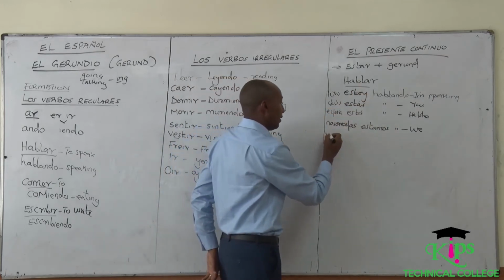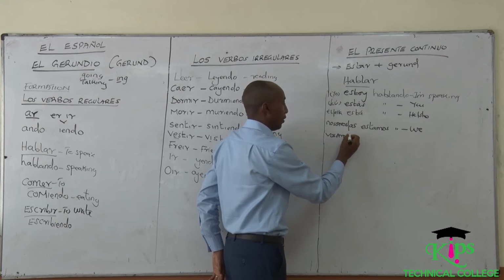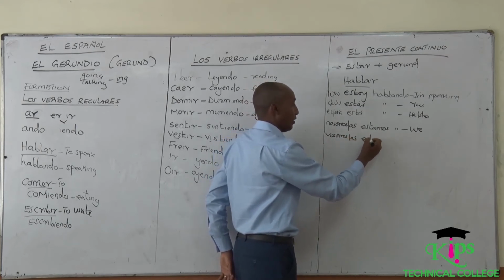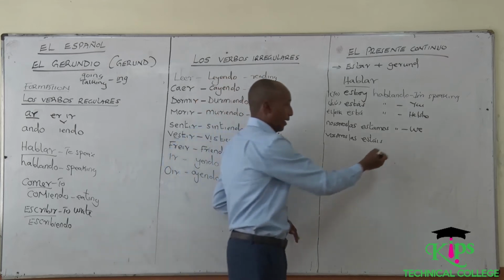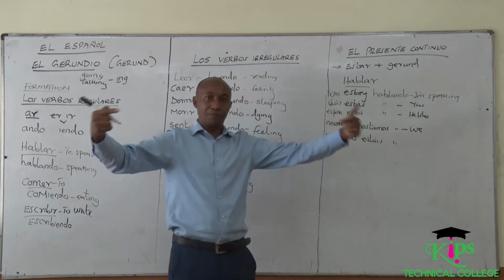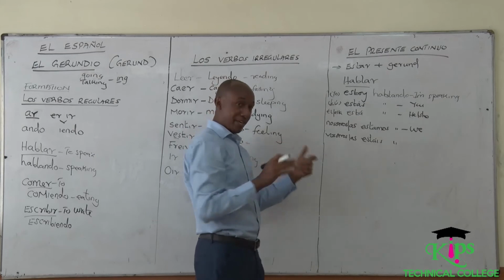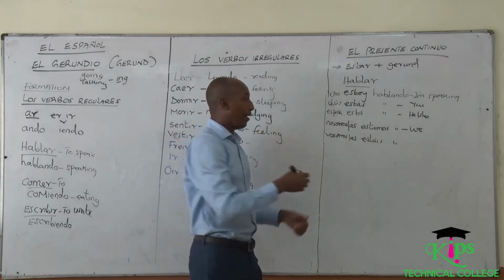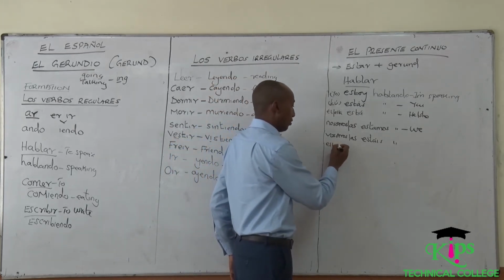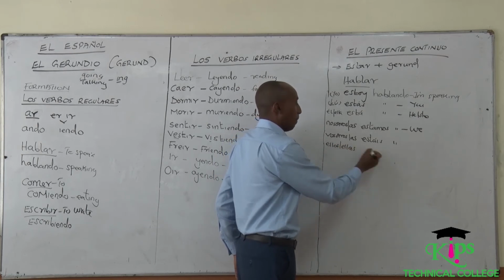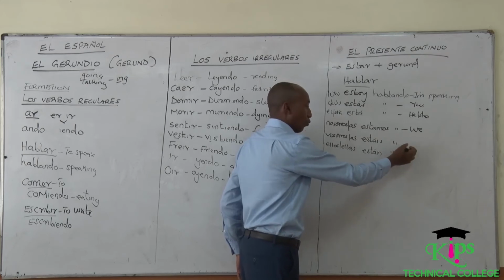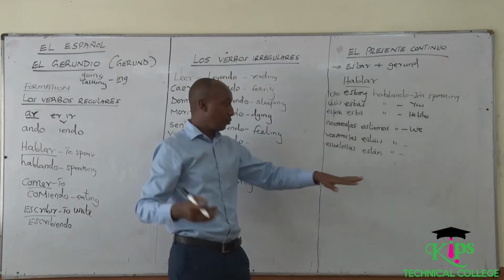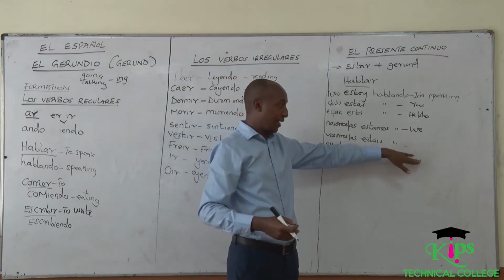You can tell someone vosotros or vosotras if you want to use estáis. So say estáis hablando to mean you are speaking when you are many. And then we have ellos and ellas. We say están hablando when referring to they. You say ellos están hablando, they are speaking.